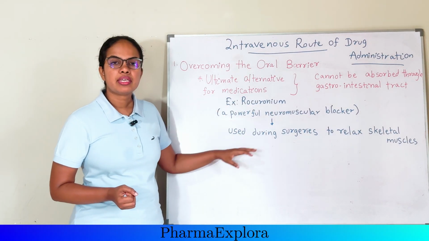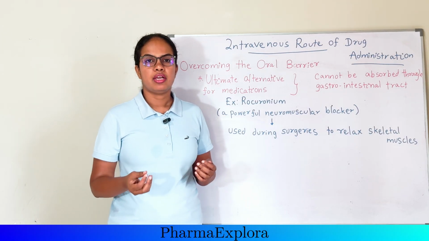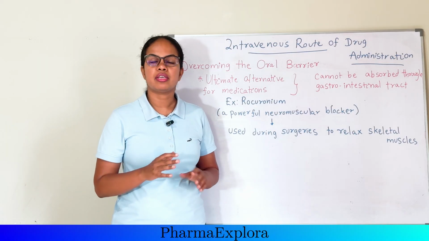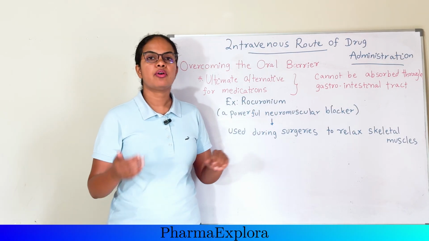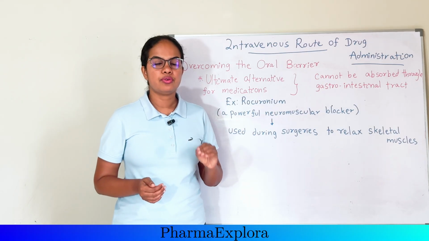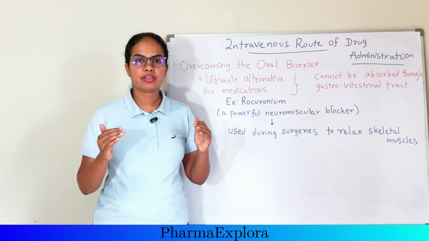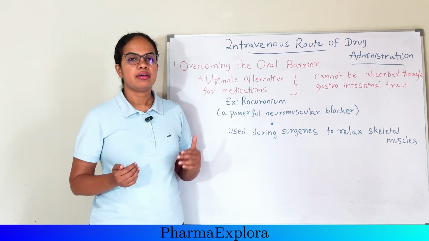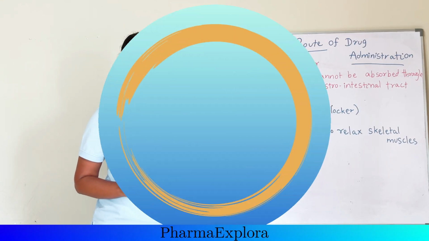If we give rocuronium orally, if the patient swallows it, there will be no effect. But if we give it intravenously, you get an instant effect. So rocuronium is a very good example of overcoming the oral barrier by the intravenous route of drug administration.